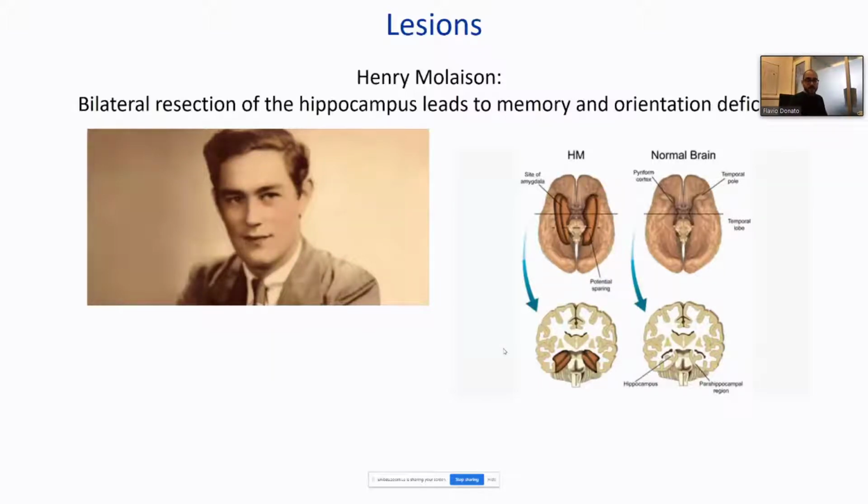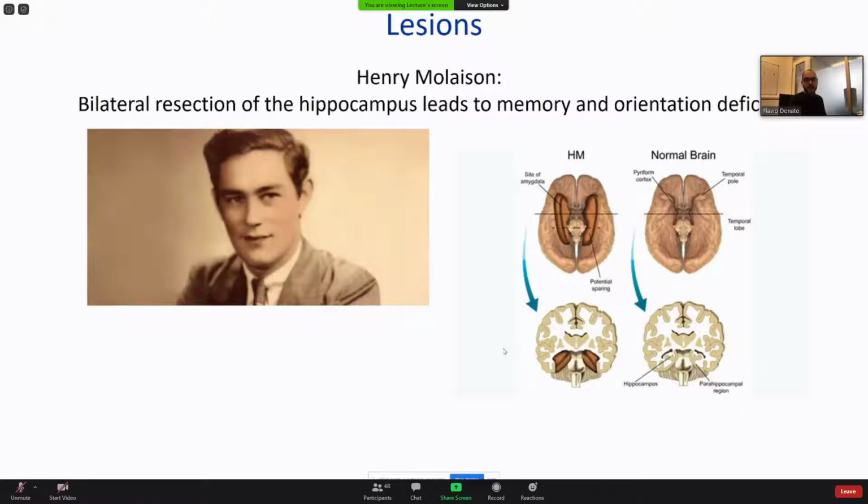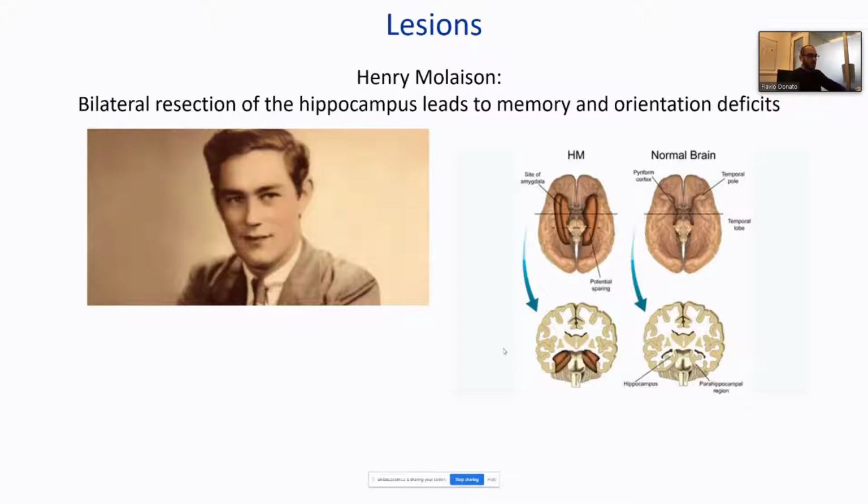He could learn skills, for example, draw a shape. If you are not able to see your hand drawing, he could remember stuff that had happened before the surgery itself. But if you asked him to create a new memory of an experience that happened after the lesion, he was not able anymore.